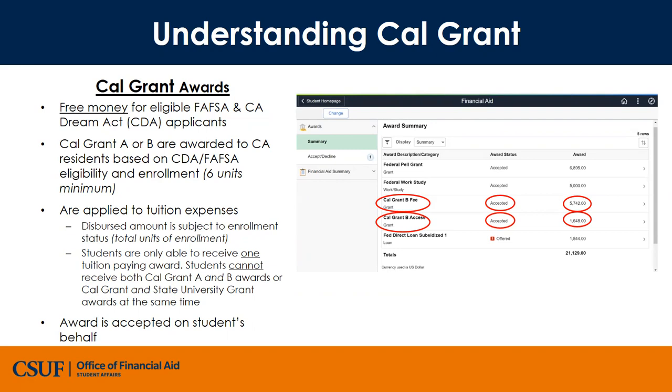This means that the disbursed amount is subject to enrollment status. Please note that students are only able to receive one tuition paying award. This means that students cannot receive both Cal Grant A and B or a Cal Grant and State University Grant at the same time. Lastly, the award is accepted on a student's behalf.